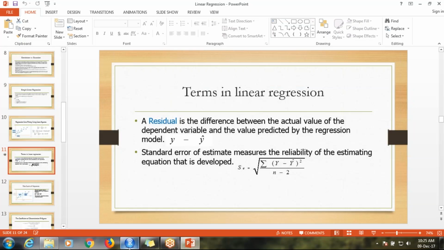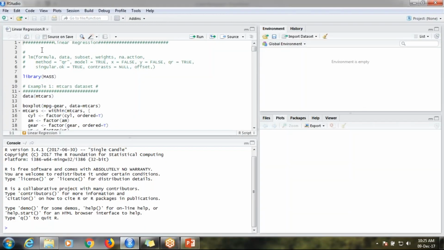So in that case, my degree of freedom will be equal to n minus (k plus 1), when I have more than one. Automatically, if you put the value of k as 1, it becomes 2, and the degree of freedom will be n minus 2.